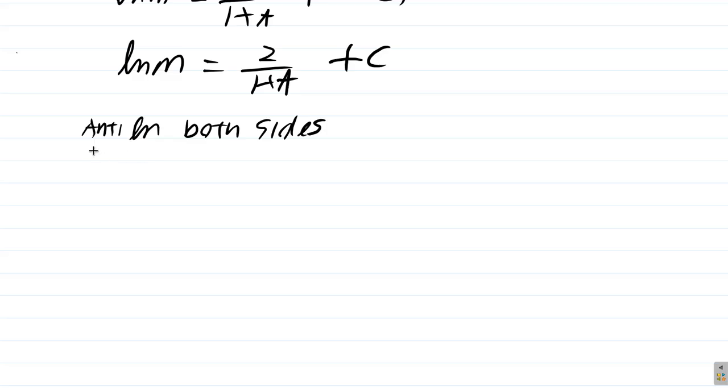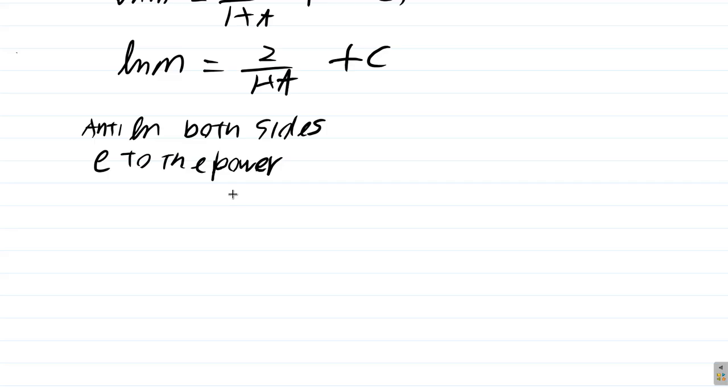That means e to the power of. When you say e to the power of, it is the anti-natural logarithm, because it wipes out the natural log. 10 to the power of would undo the common logarithm.